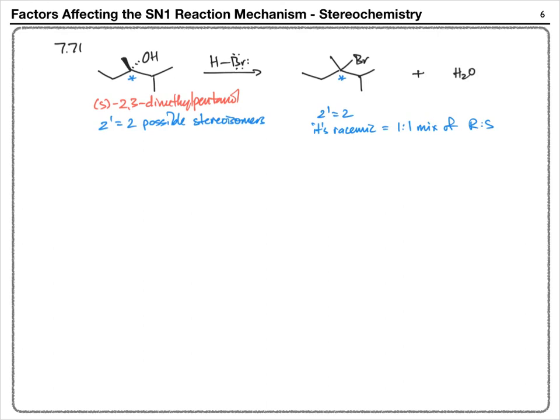So it's racemic. So the question is, why is it racemic? So yeah, it's going through an SN1 mechanism.